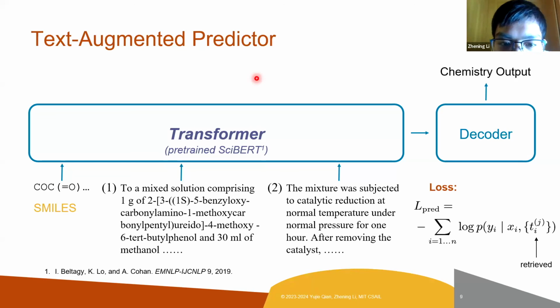Next question. Do you have any generalization result with holdout reaction classes? So unfortunately, we did not do such an analysis, but I think it would be really nice to see more clearly generalization across reaction classes.